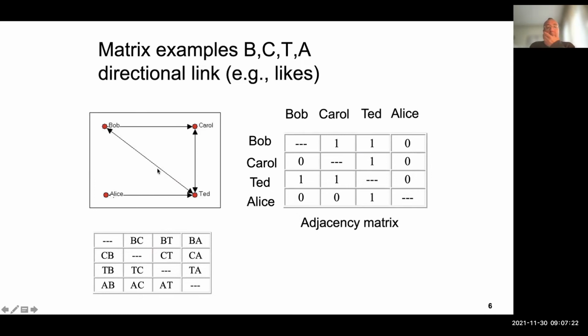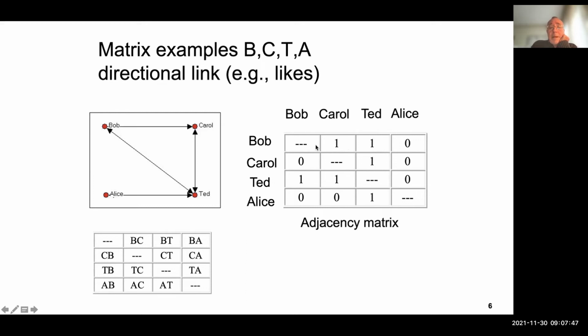Here there is the relationship of likes between Bob, Carol, Ted, Alicia, and Alice, and you can see that the matrix is not symmetric. You put in 1: Bob likes Carol, Bob likes Ted, Bob is not liking Alice.